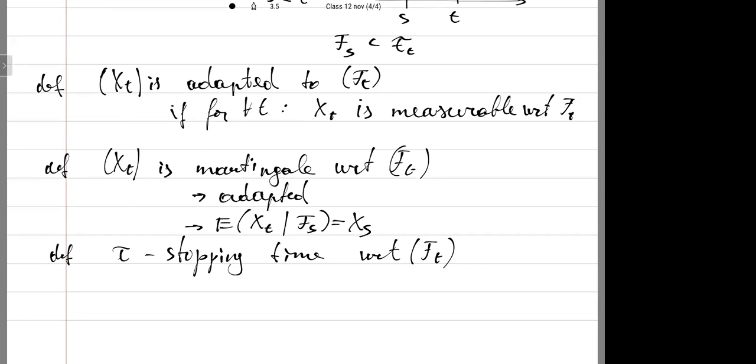So tau is just one random variable, and (Xt) in brackets is the whole sequence, a lot of random variables. So Ft without brackets is just one sigma algebra. (Ft) in round brackets is a lot of sigma algebras.